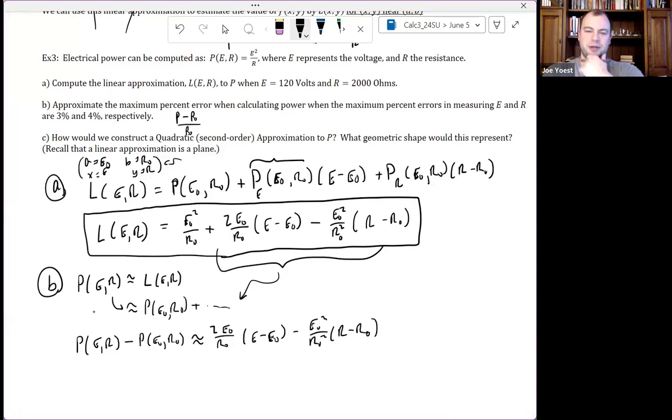This is what my linear approximation gets me. Let me work with this right-hand side a little bit.